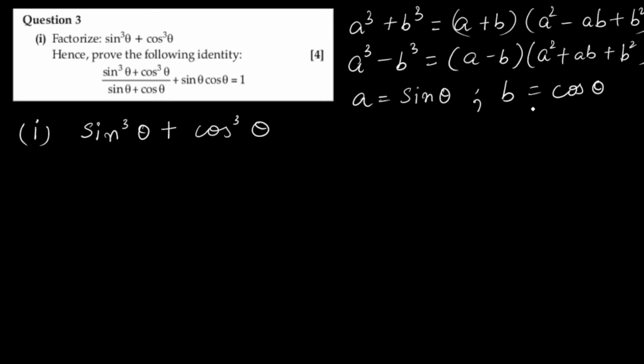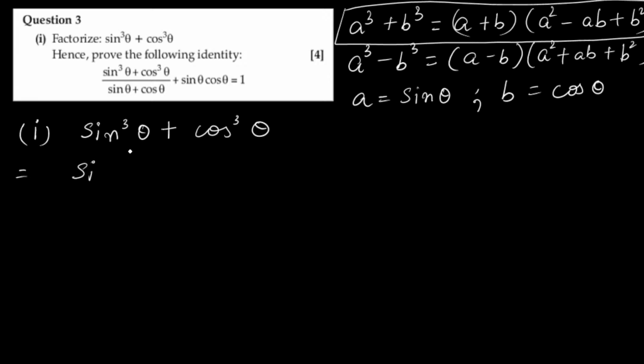Now let us factorize it. So the identity says this is A cube plus B cube. So only substitution, the first one we have to use. So a plus b is what? A is sine theta, b is cos theta. So this is equal to sine theta plus cos theta into a square, which means sine square theta, minus a into b.